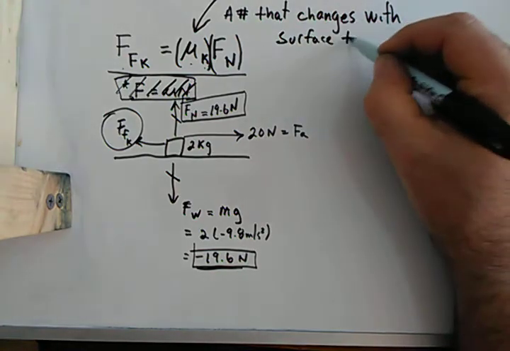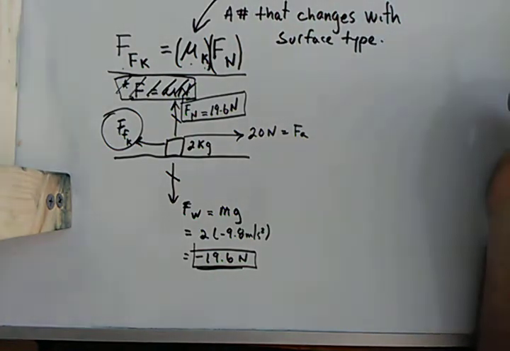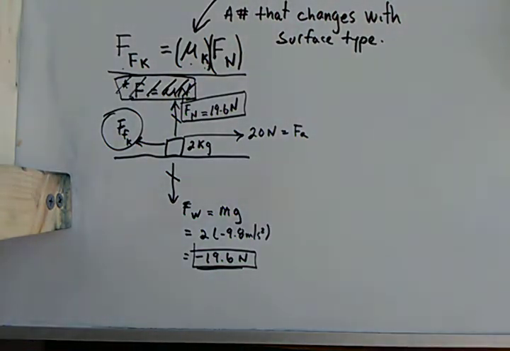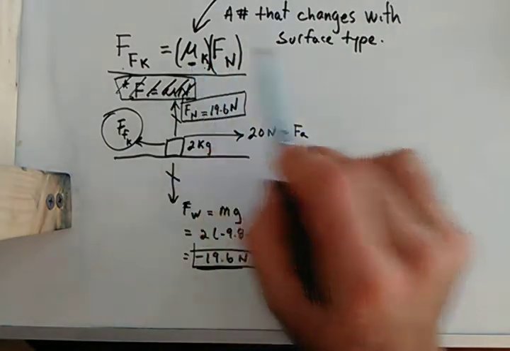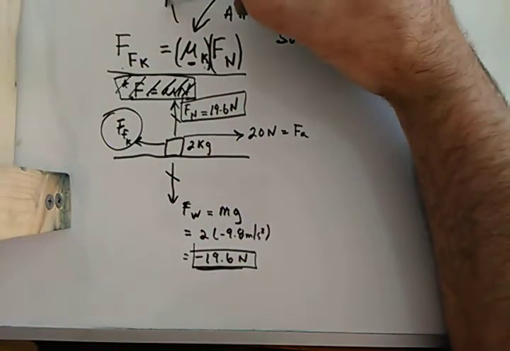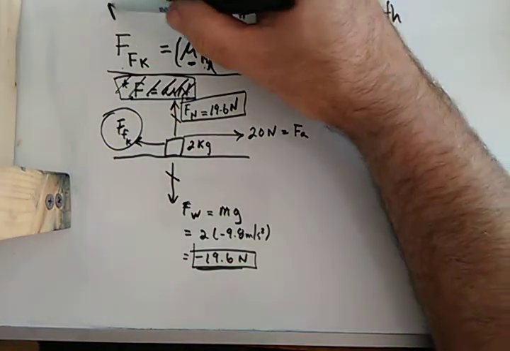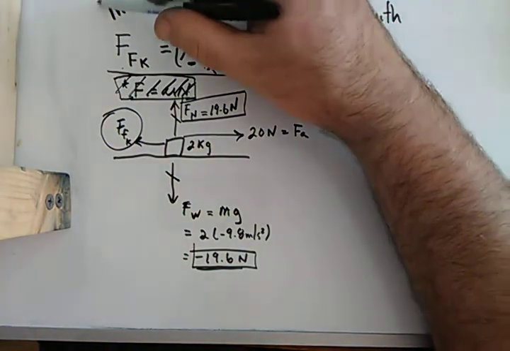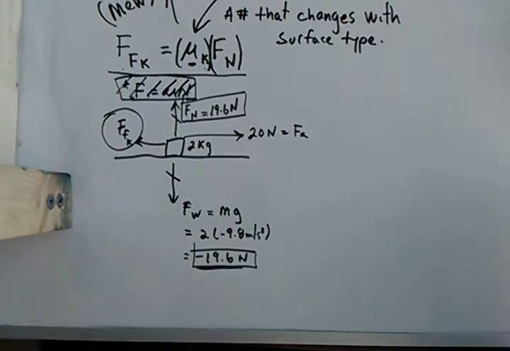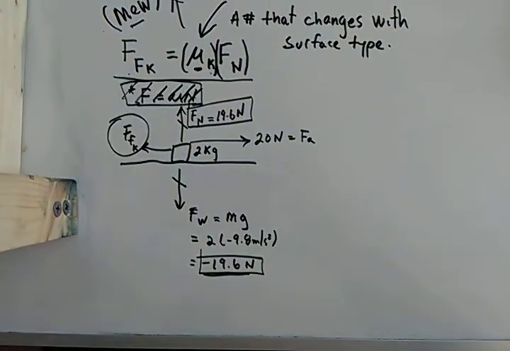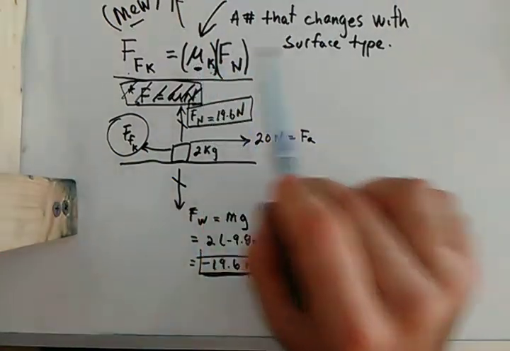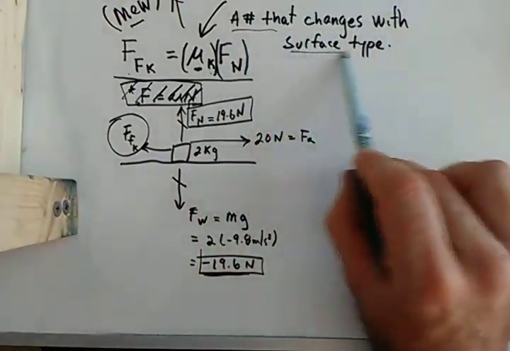On page 109 of the notes, there's a chart that tells you the mu value, we call it, and I'll actually spell that out for you. M-E-W. I know you can't see that. I'm going to bring this up a little bit. The mu value is this, and that number changes with the surface type.